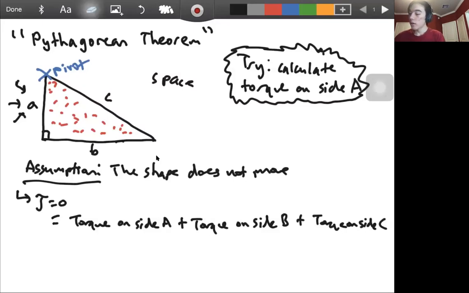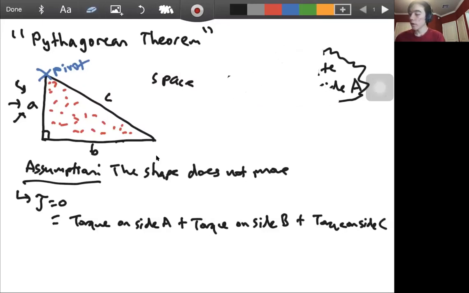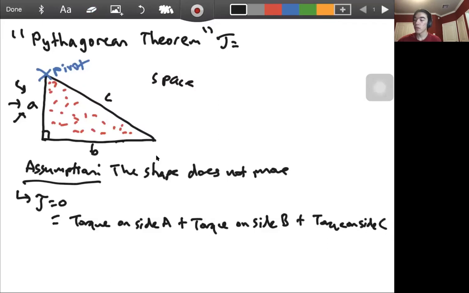Okay, let's calculate the torque. So if you remember, torque is your radius times your force times sine theta.